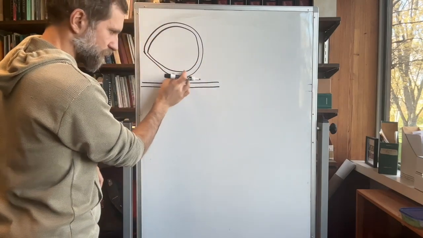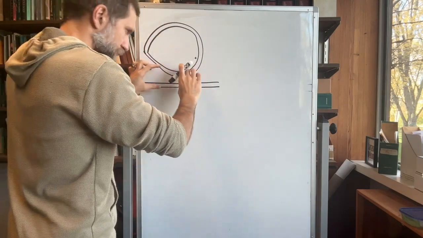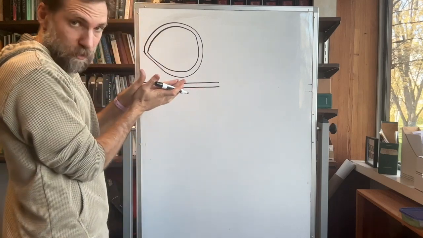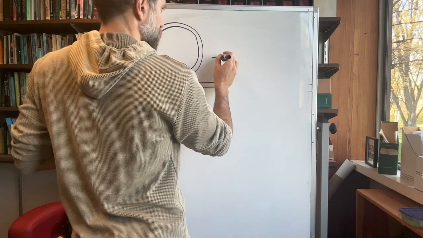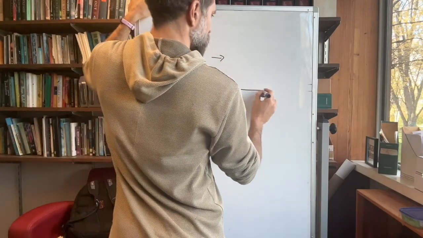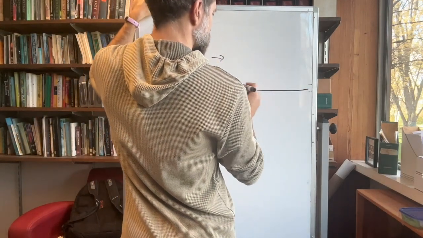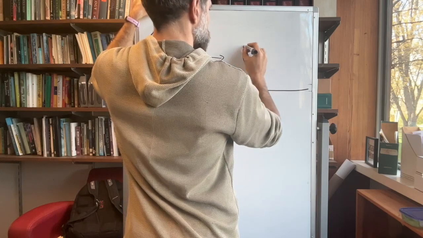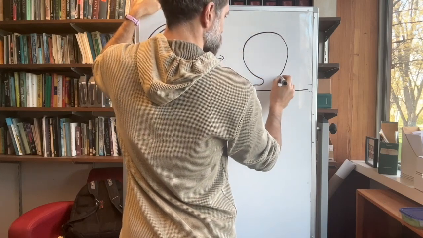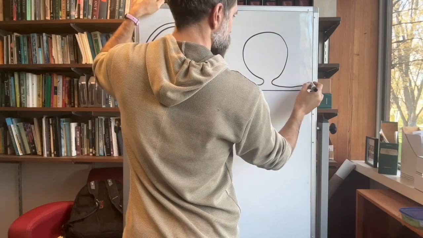So what does it look like once it squeezes down and actually starts to make physical contact, these two membranes with each other? Well, initially we have something that we call a fusion stalk that forms.